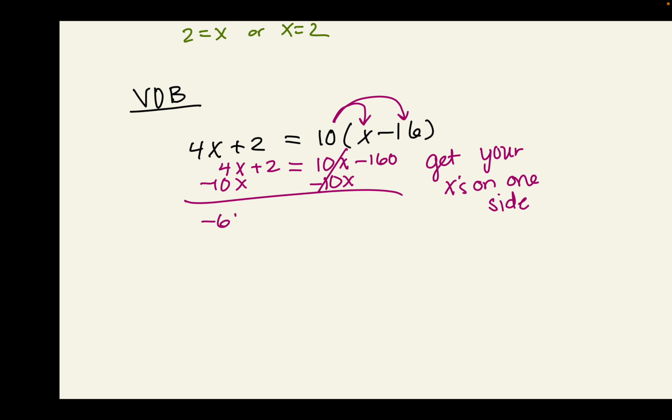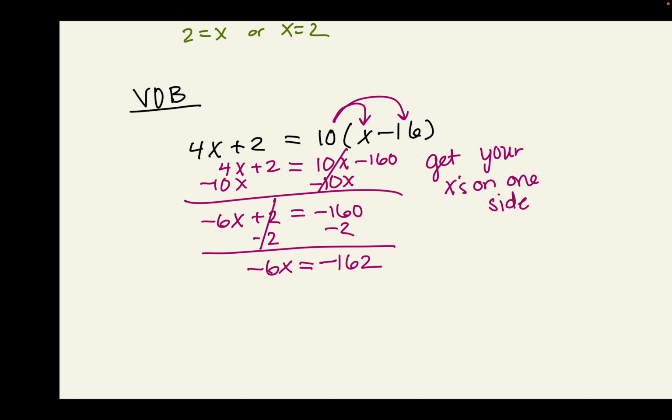So we have negative 6x plus 2 equals negative 60. So we're going to subtract 2 now, because we want the side that has x to have everything else gone. So subtract the 2. Our 2's cancel. So we have negative 6x equals negative 162.